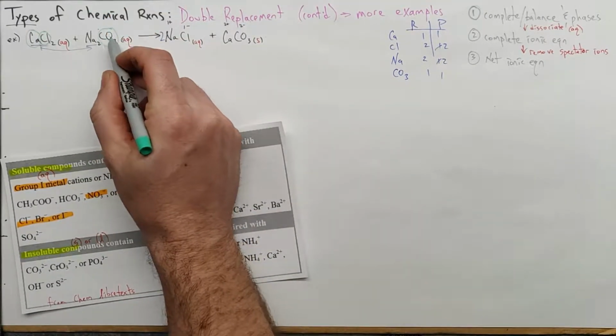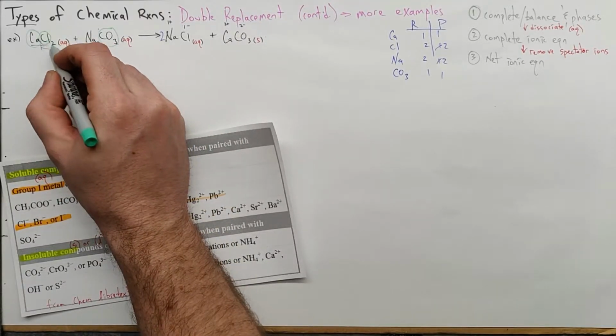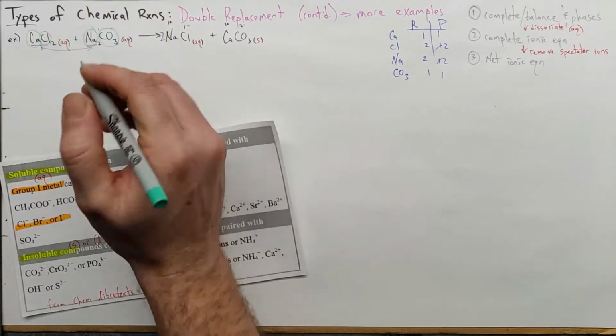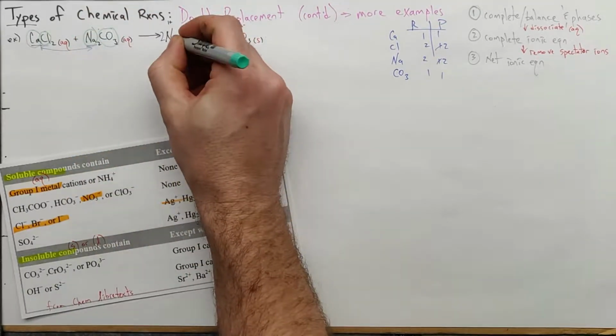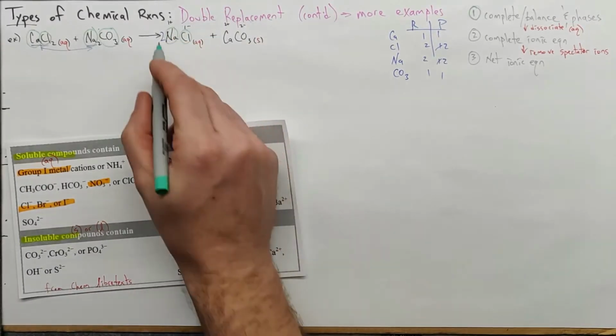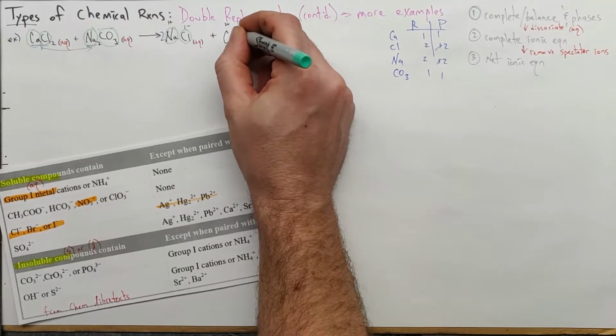Chlorine is not a polyatomic ion, or chloride, so that 2 is not part of it. Sodium is not a polyatomic ion, so the 2 is not part of it. Sodium and chlorine, right? And that 2 right here will apply. Calcium and carbonate, I have one piece.